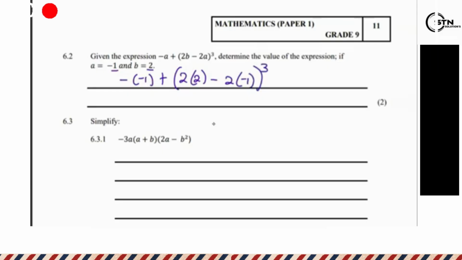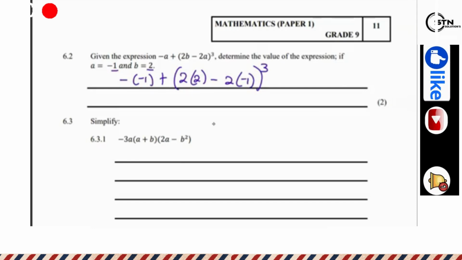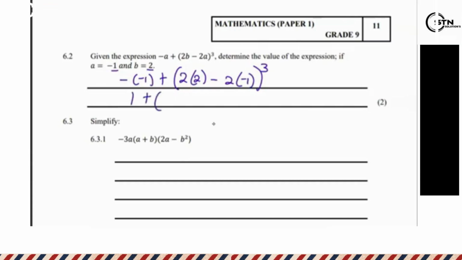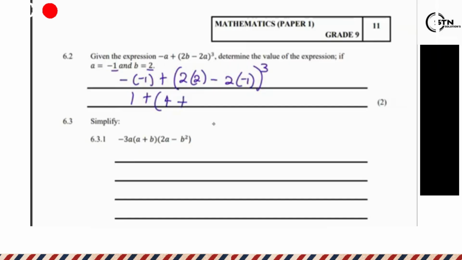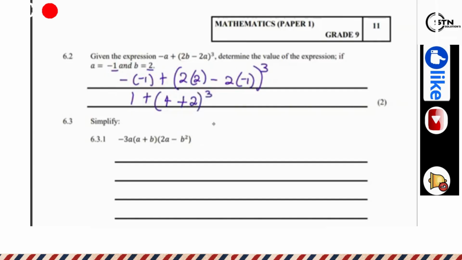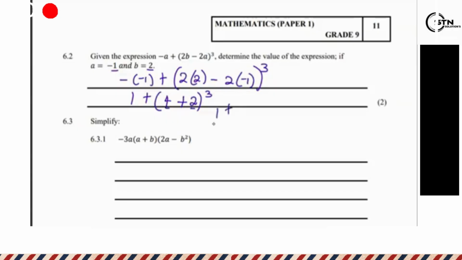You can use your calculator here and then get the answer, or you can just break it down bit by bit. So negative, that's going to be a positive 1, plus 2 times 2, that's 4, minus this, and this is going to be a plus also, so plus 2 to the exponent of 3. We know that 4 plus 2 is 6. So it's 1 plus 6 cubed.